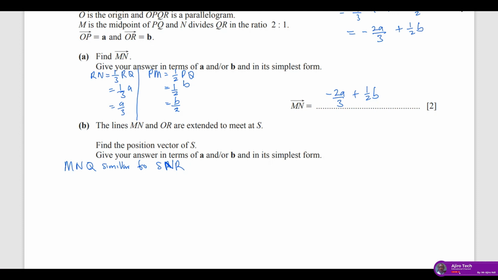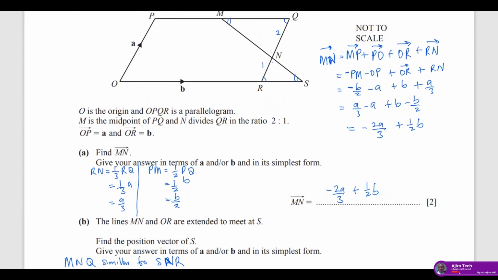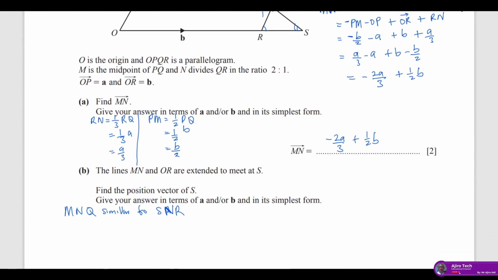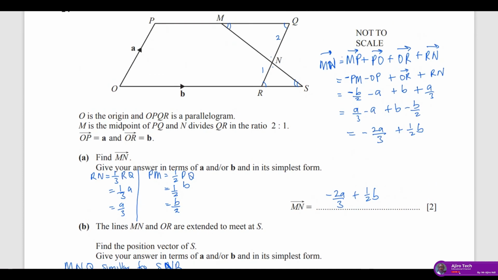Now, I know that the angle at M and the angle at S are equal, the angle at R and the angle at Q are also equal. So I'm just going to follow the way the angles are arranged. Now, if this is divided into this ratio, that means that this one should be in ratio 1:2 also.